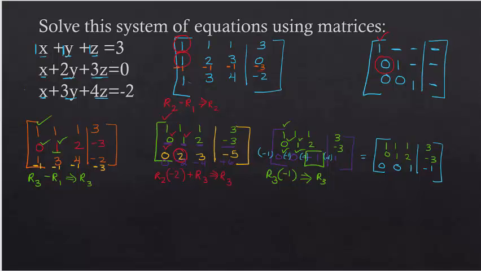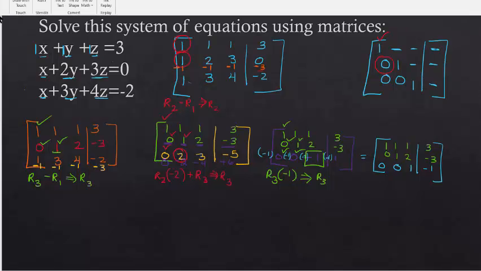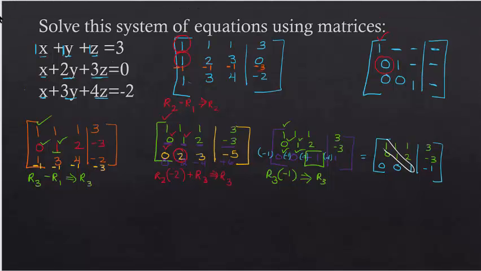All right. Yay, it's in row echelon form. We have our 1s on the diagonal and our 0s underneath. So now we can start with that bottom row to start solving for variables. Remember, this is x, this is y, and this is z. So in the bottom row, we have 1z, or z equals -1.